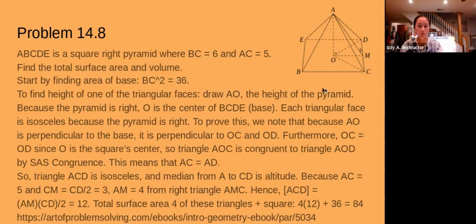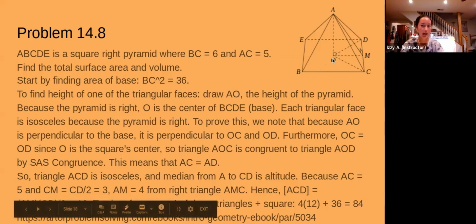To prove this, because AO is perpendicular to the base, it is perpendicular to OC and OD. Furthermore, OC is equal to OD, since O is the square center. So triangle AOC is congruent to triangle AOD by SAS congruence. This means that AC is going to be equal to AD.